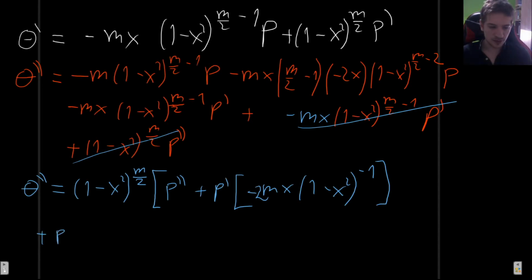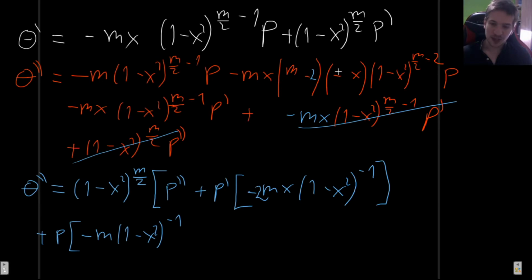Let's now go finally for everything that only multiplies p. So we are going to have this right here, which will be minus m (1 minus x squared) to the minus first power. And then we have this right here. So here we can simplify a few things as well. So this 2 that is multiplying, we can actually apply it on this parenthesis, so it cancels out the 2 that is dividing, and this minus 1 will be minus 2.